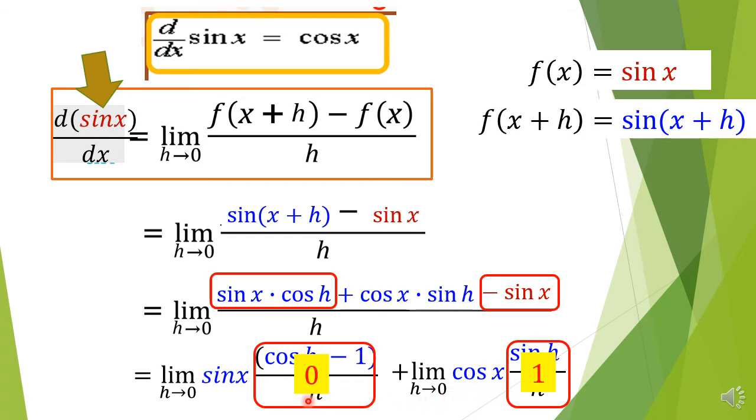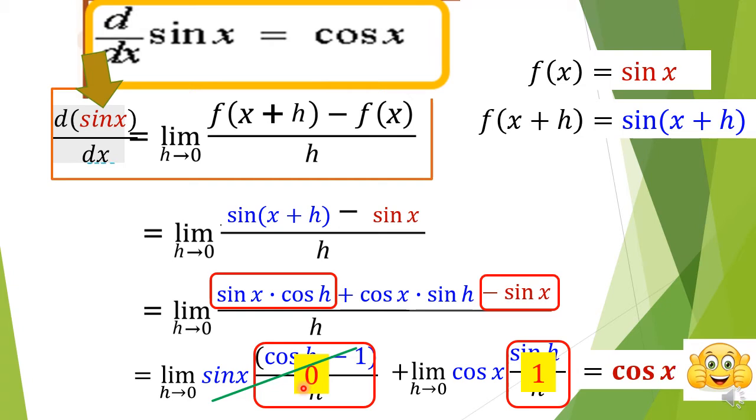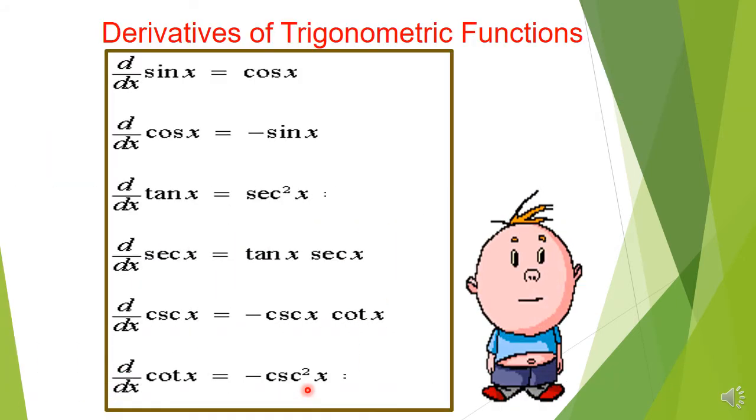Okay? Tapos dito, magwawala na. So, we just have to cancel this. And so, our answer will just be cosine x. Okie dokie. So, a matter of reviewing your limit properties and limit of trigonometric functions to be able to derive this formula. Now, we go to our next step.